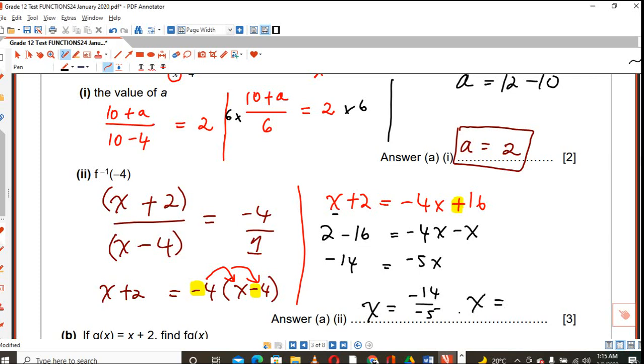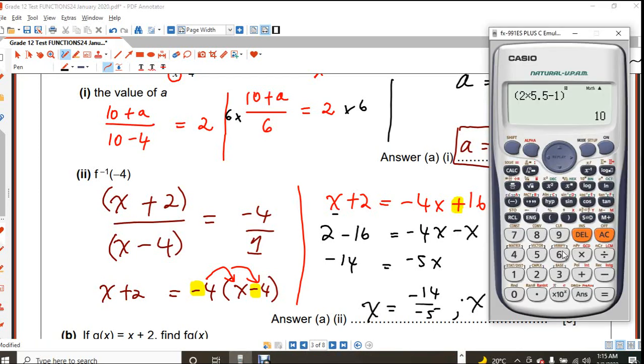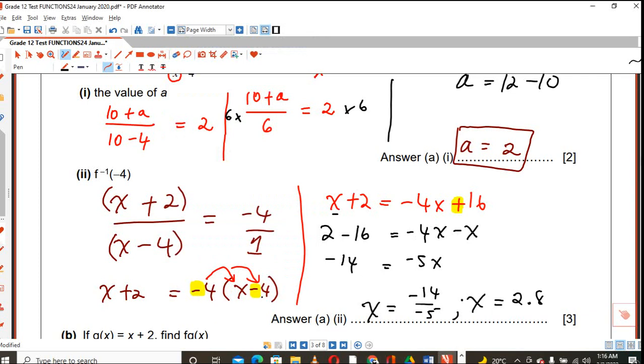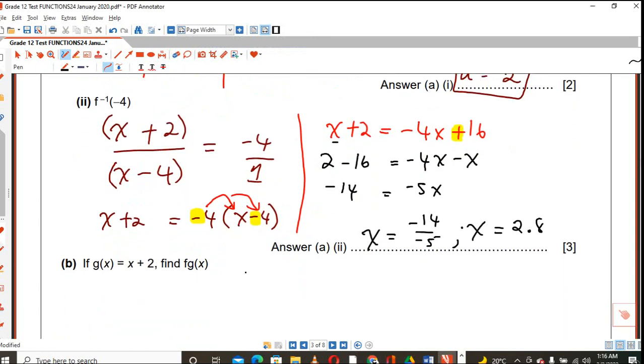Therefore, x equals 2.8. You can grab your calculator just to make sure that you get the same answer. So that will be negative 14 over negative 5. So the answer is 2.8. Negative divided by negative gives you a positive answer.